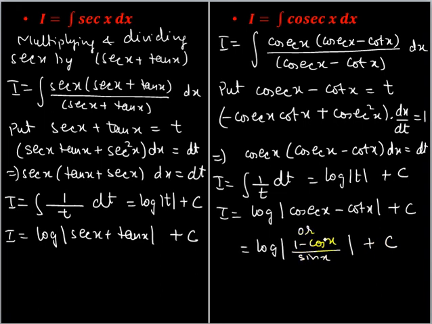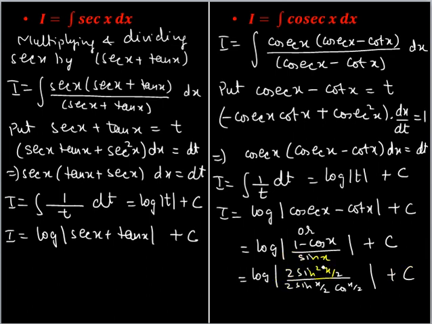And we can simplify both. 1 minus cos x is 2 sin square x by 2, and sin x is 2 sin x by 2 cos x by 2. So some common terms get cancelled out also. This will be 2 sin square x by 2, and the denominator will be 2 sin x by 2 cos x by 2, plus constant of integration.